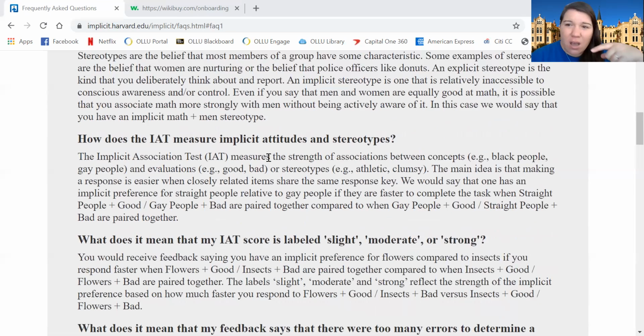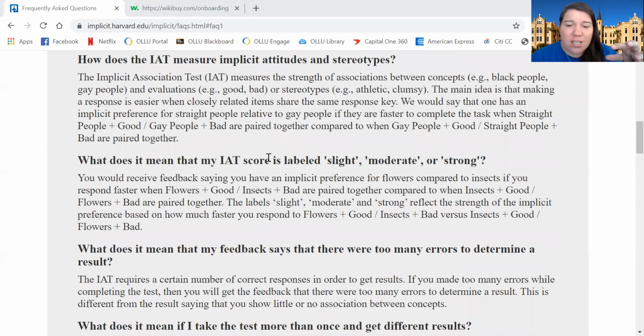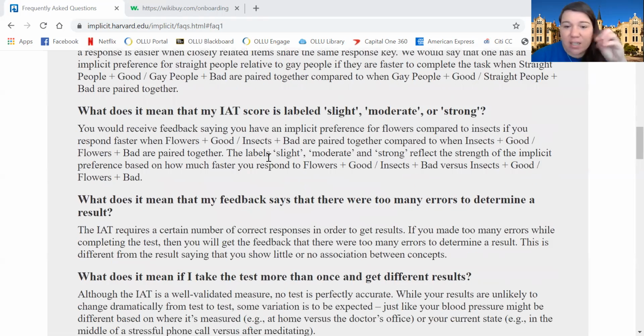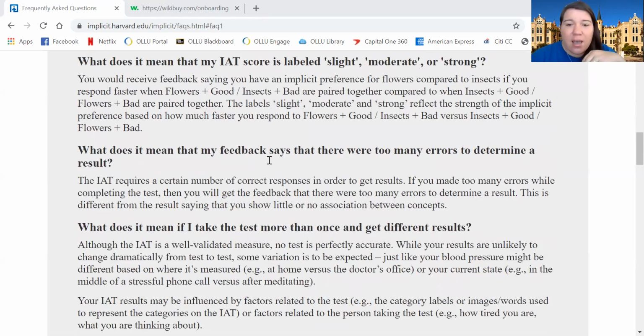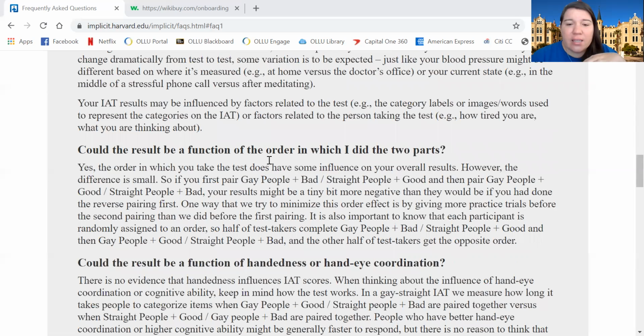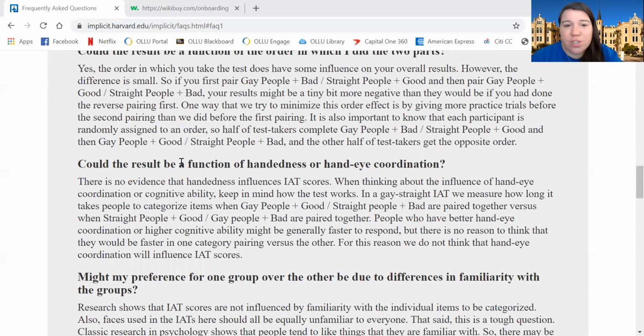It also talks a lot about hand-eye coordination and how that does not necessarily have anything to do with the tests. Right here: could the results be a function of hand-eye coordination? Really, the test is designed for speed because it wants you to think quickly.